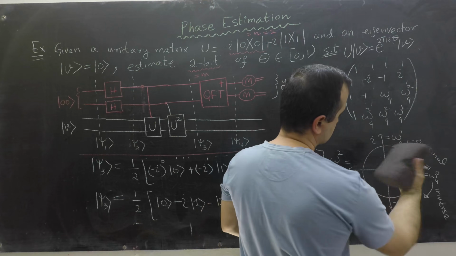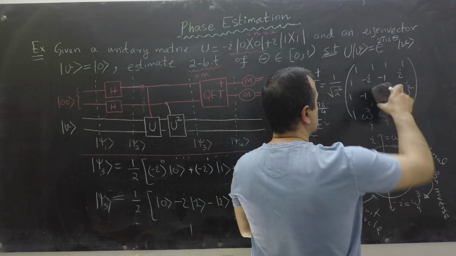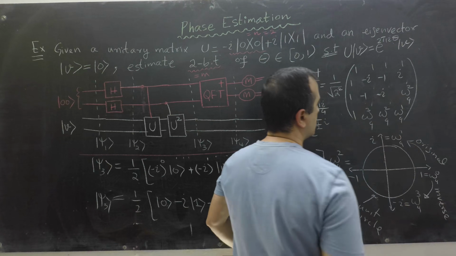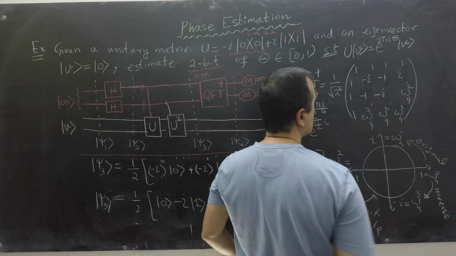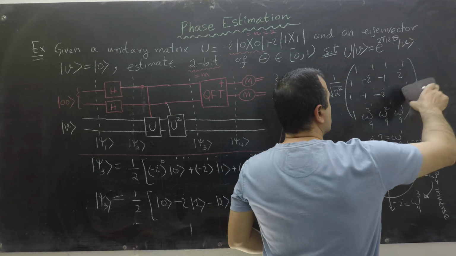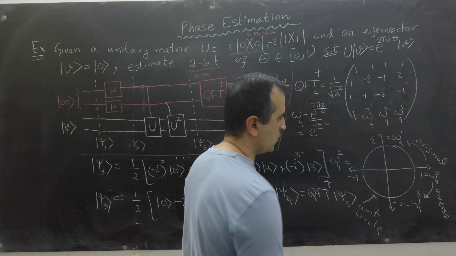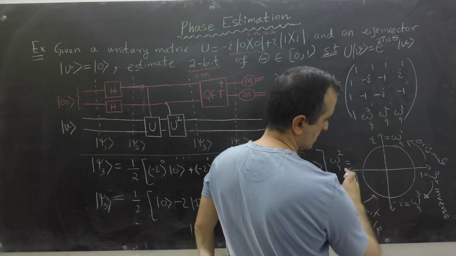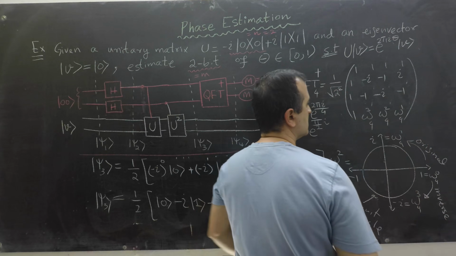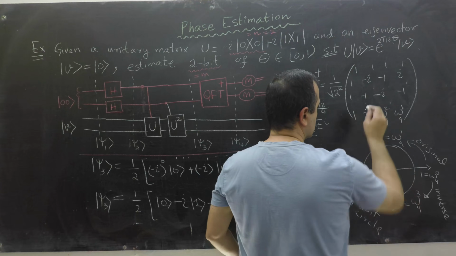Omega in this direction is iota, in the other direction is minus iota, so I will have minus iota here. Then omega square is always minus 1 in both directions. Omega cube in this direction is minus iota, whereas in the other direction it is iota, so I will have iota here.